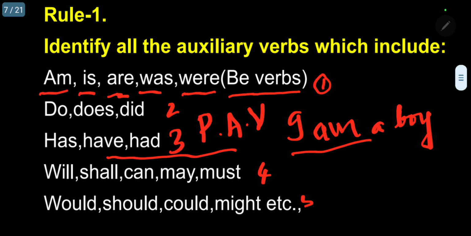This primary auxiliary verb will act as a main verb and as a helping verb or auxiliary verb. I have already taken I, the exceptional case. I am a boy. Here am is acting as a main verb. Suppose I write another sentence: I am eating an apple.